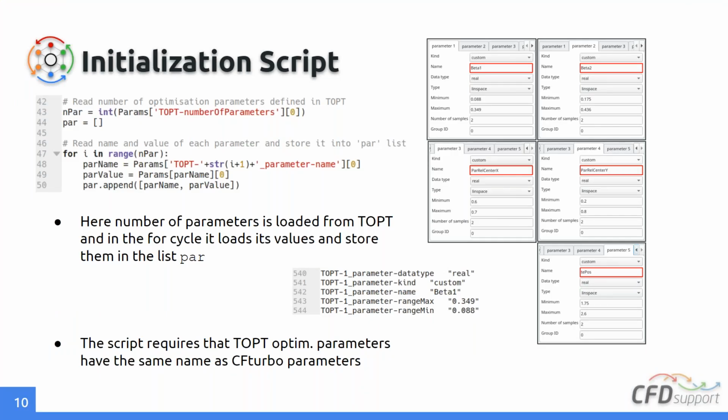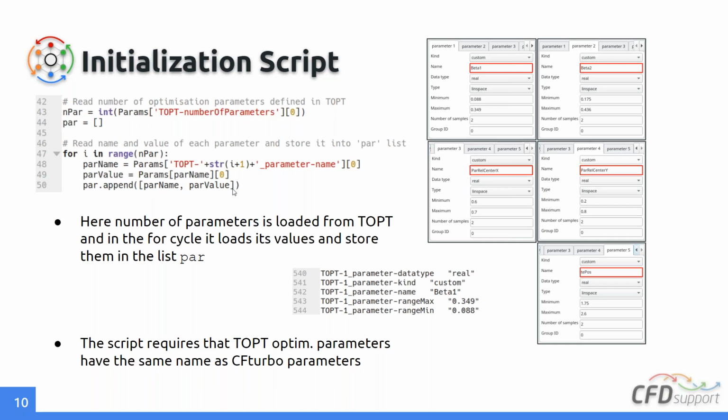So back to the script. Here into the number of par variable, we load the number of parameters. So we have 5 parameters. So this variable will hold number 5, and we will create an empty list to fill the names and values of the parameters.